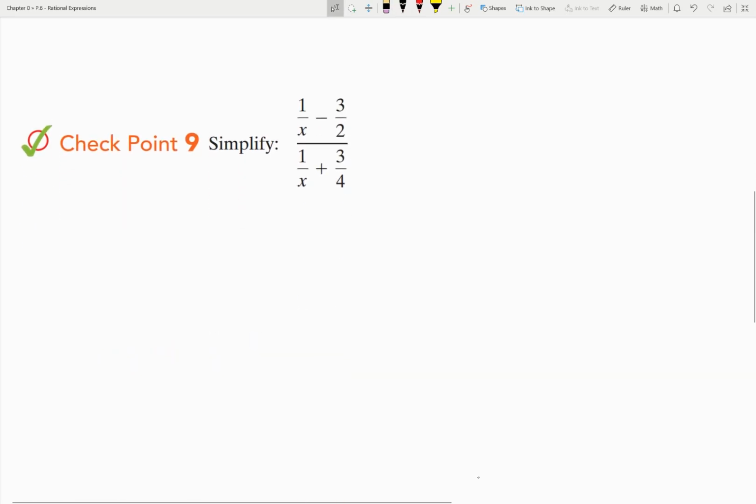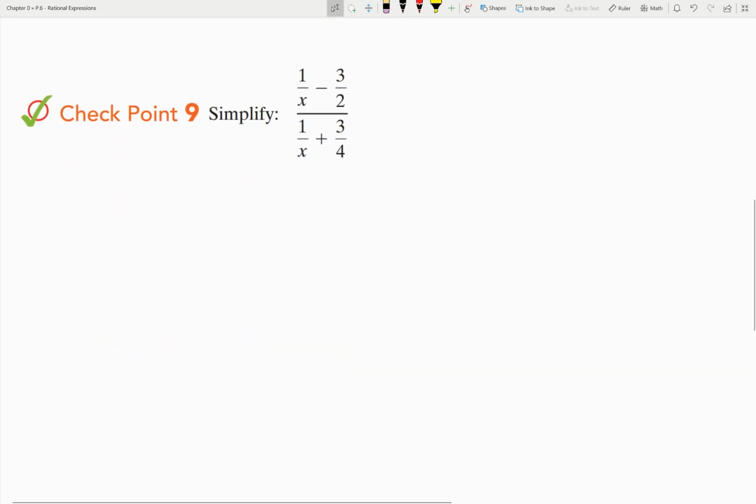Let's check that one more time. Combine the two fractions on the top, combine the two fractions on the bottom, then multiply the numerator by the reciprocal of the denominator. And 1 over x plus 3 over 4, so I have a little bit more room.